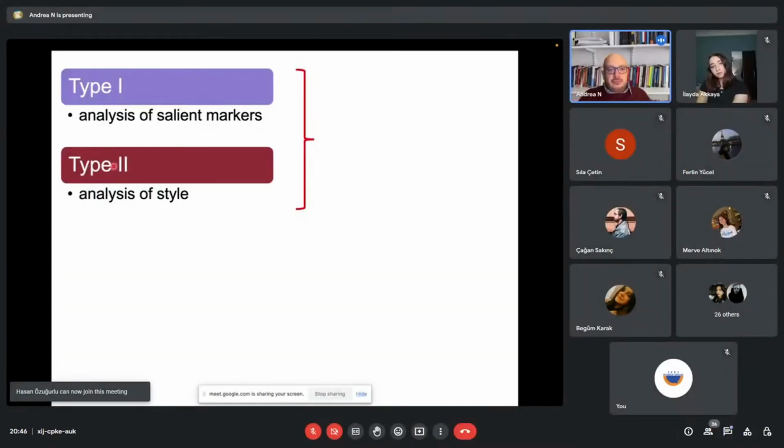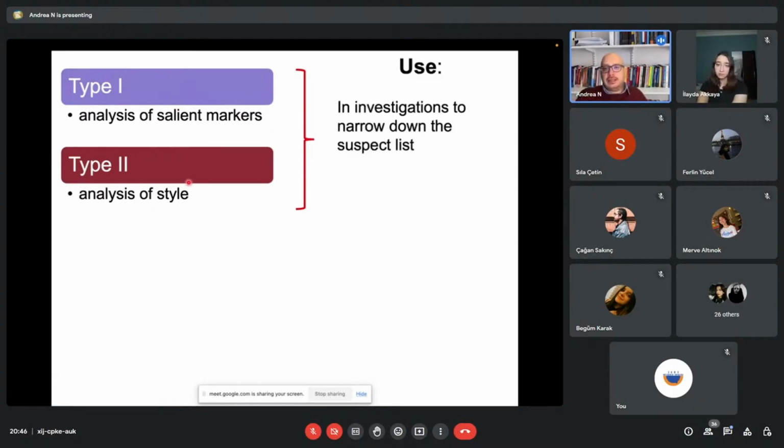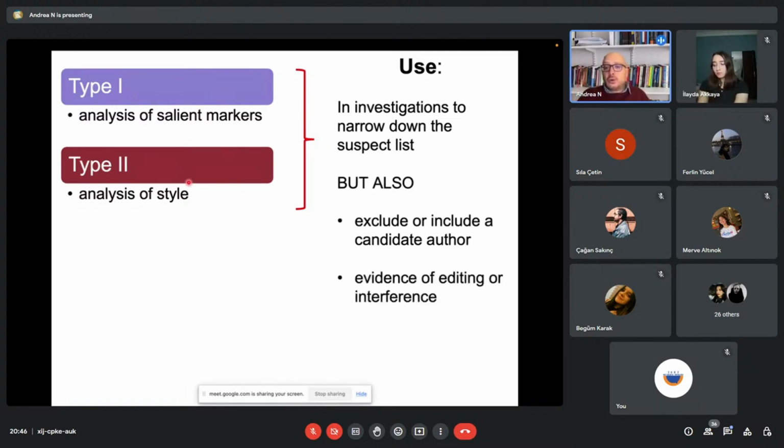I explained why type 2 would be quite complicated to use, but the crucial point that I want to make here is that yes, profiling can be used in investigations to narrow down the suspect list, but profiling can also be used to, for example, exclude or include a candidate author, which is very similar to what I've done here, or perhaps evidence of editing and interference, and who knows how many other scenarios, because in a forensic context there is always something new. So perhaps profiling can be used for other applications.